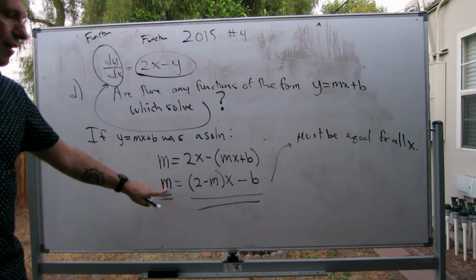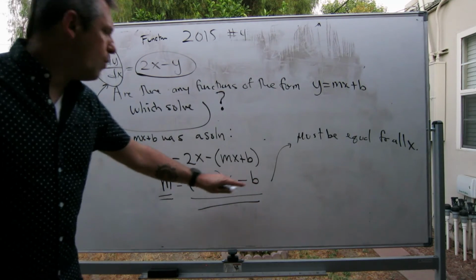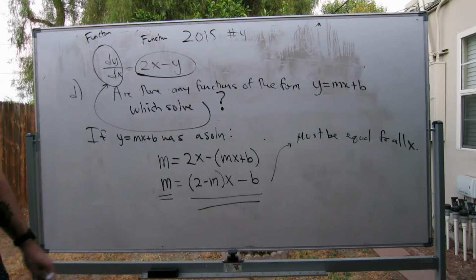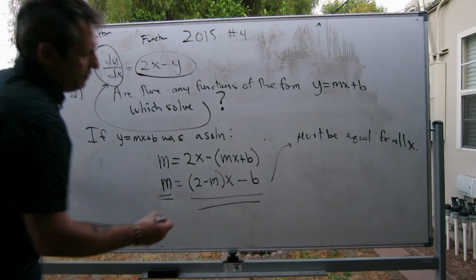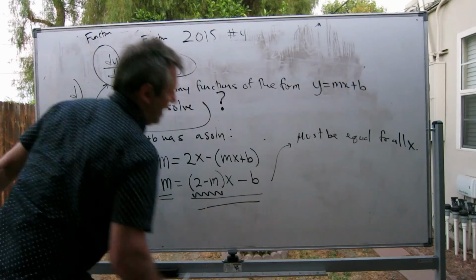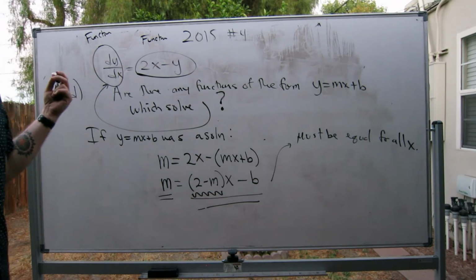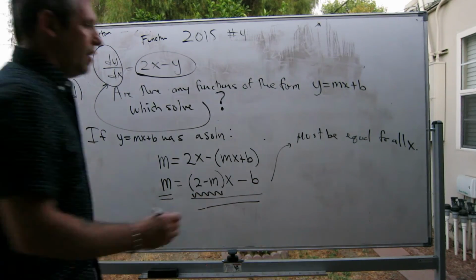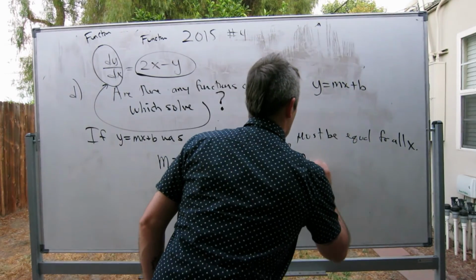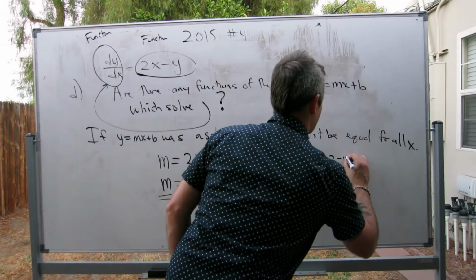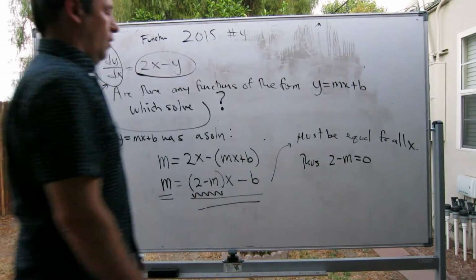But on the left-hand side, we have a constant. The only way that's going to be true for all x is if this thing right here has to go away, so that when I plug in x, nothing actually happens. So from this, we can realize that 2 minus m has to equal 0.